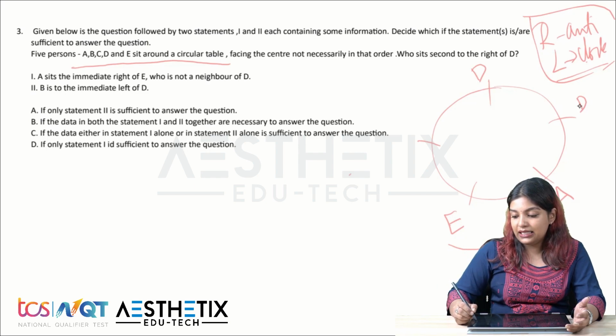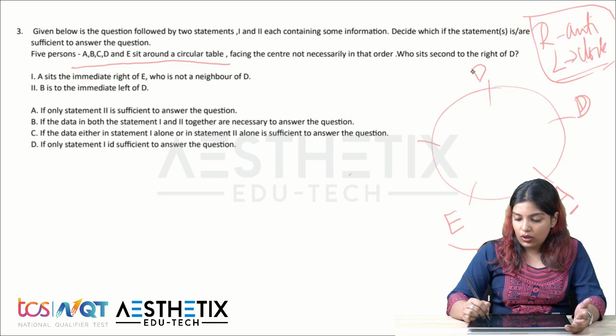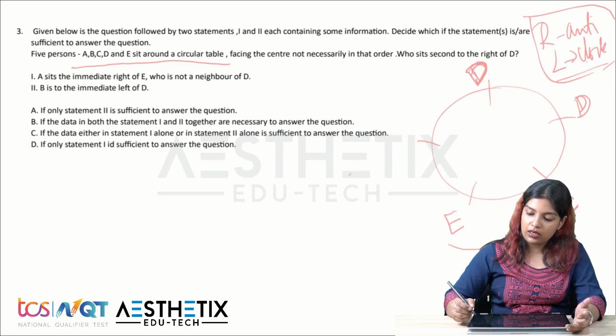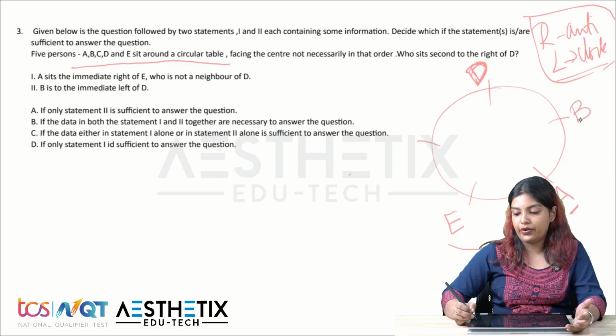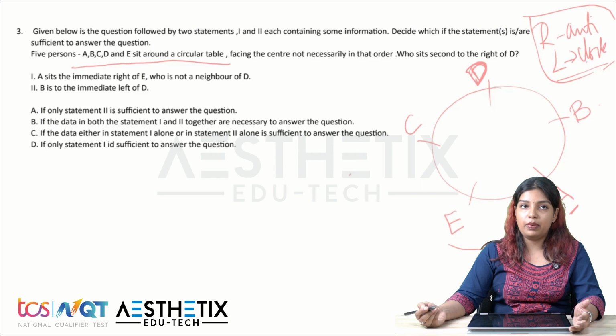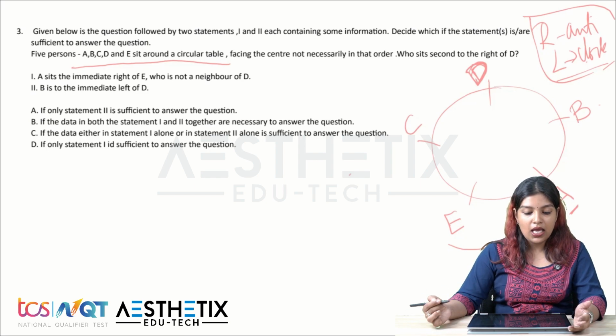If I place D here, the position next to D in the clockwise direction is already occupied. So the only place where I can place D is here. If I place D here, the position of B will be here. So D is there, B is here, and the remaining one, C, will be placed here. So this is our position.